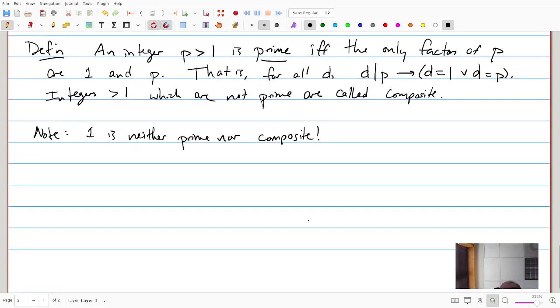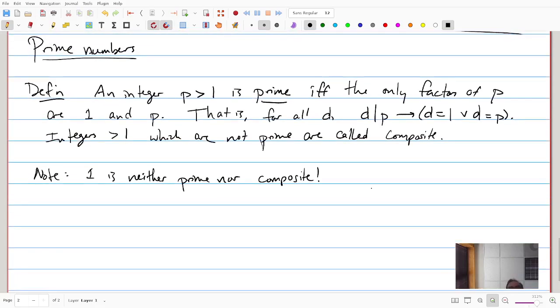Okay, and of course, what's special about primes? You probably already know this. Primes are special because they are kind of the building blocks of the natural numbers. Any natural number I can express as a product of primes. So you've probably done finding the prime factorization of things, right? Just ring a bell.